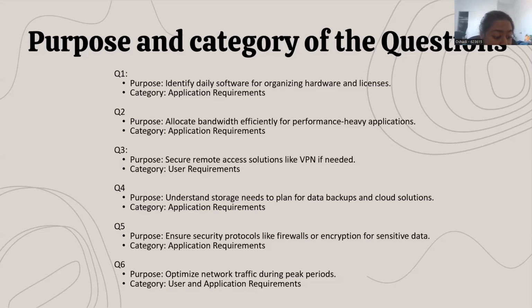Talking about the fourth question, the purpose of the fourth question is to understand the data storage requirements of each department and whether they need shared drives, large file transfers, and collaborative tools like Microsoft Teams. And the category for the fourth question is application requirements because it's mainly focused on managing data of both local and cloud storage.